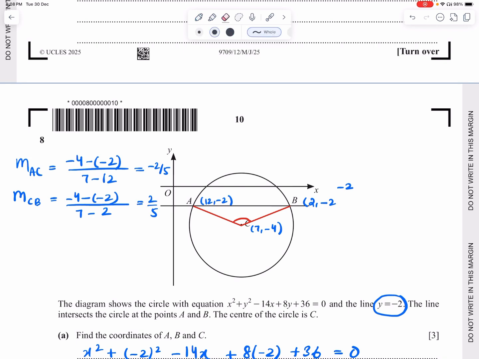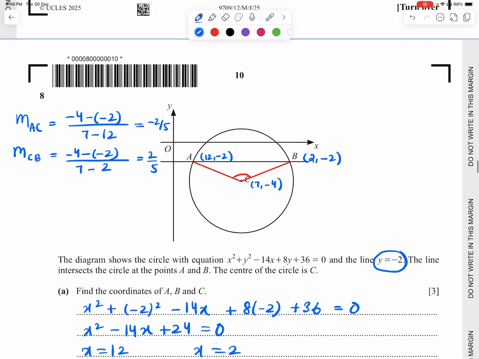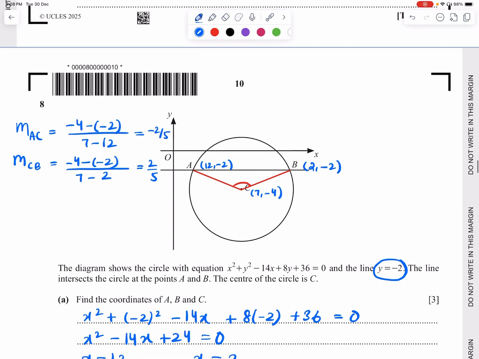Alright, now the formula to figure out these questions is basically tan theta is equal to m2 minus m1 divided by 1 plus m2 m1.